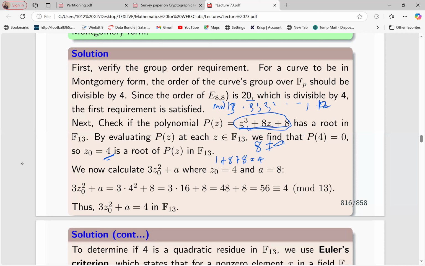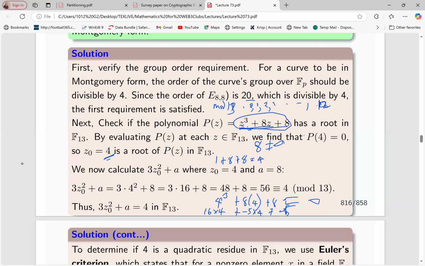So let me now try 4. It will be 4 cubed plus 8 multiplied by 4, then plus 8. And of course, when you do this, you get 0. The first bit here is 16 times 4, and the second bit here is negative 5 times 4, and this one is negative 5. We are doing it mod 13.